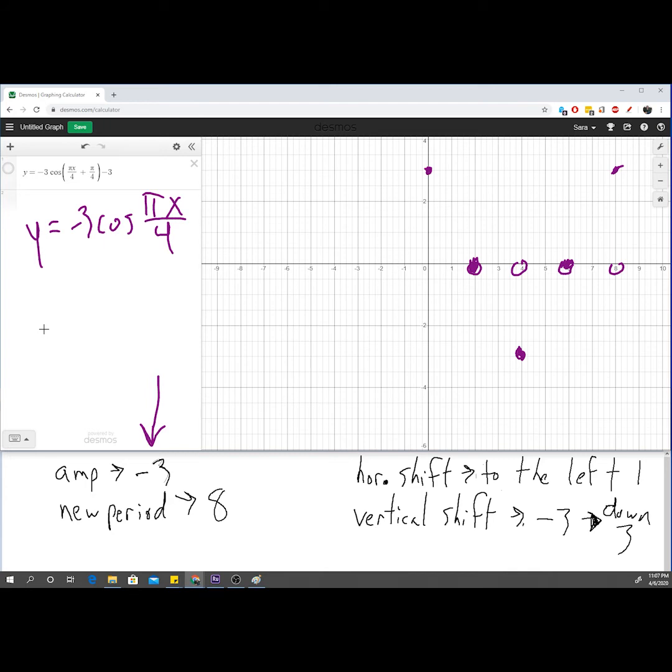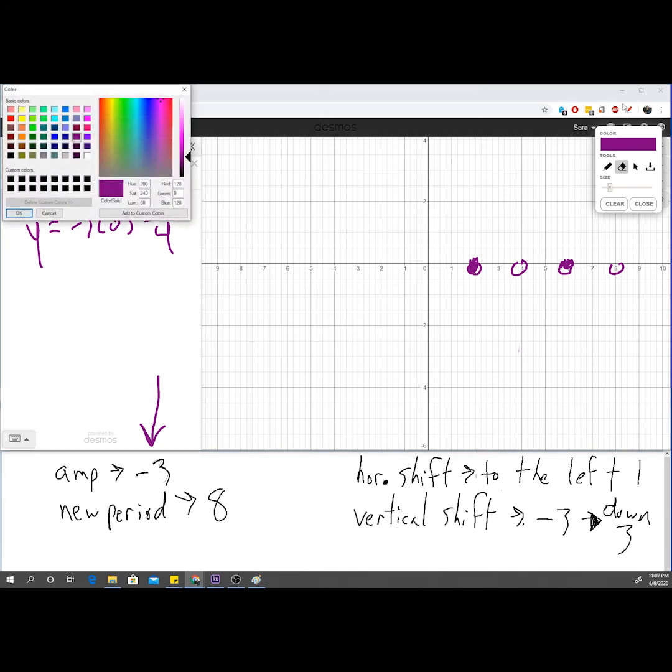But in this case, I do have that negative in front of the 3. So what it's going to do is flip all of my points upside down. My zeros will not be affected by this, but my minimums and maximums will switch places.